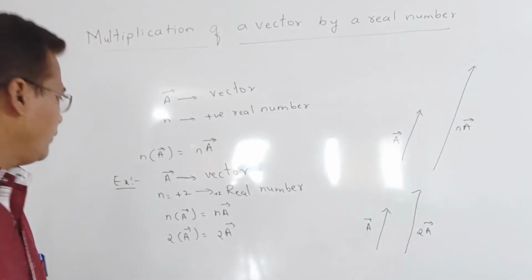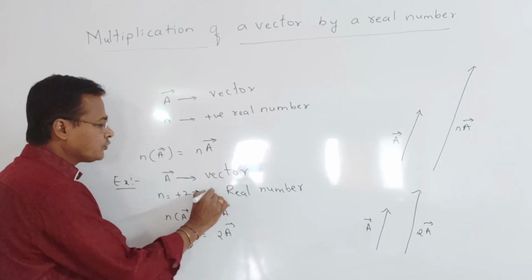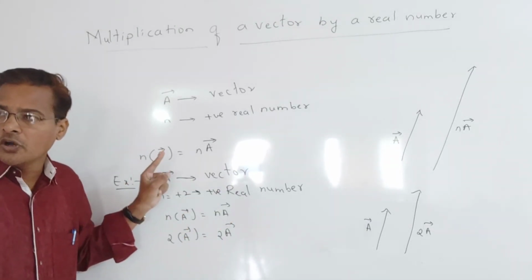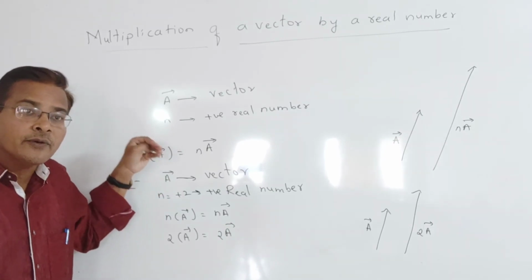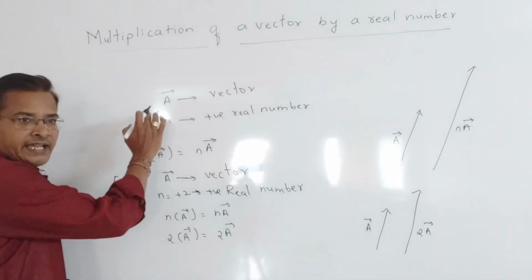Now positive 2 means it is a positive, real number. Now we are going to take the negative. We will see what happens when a negative number is multiplied. This is the A vector.